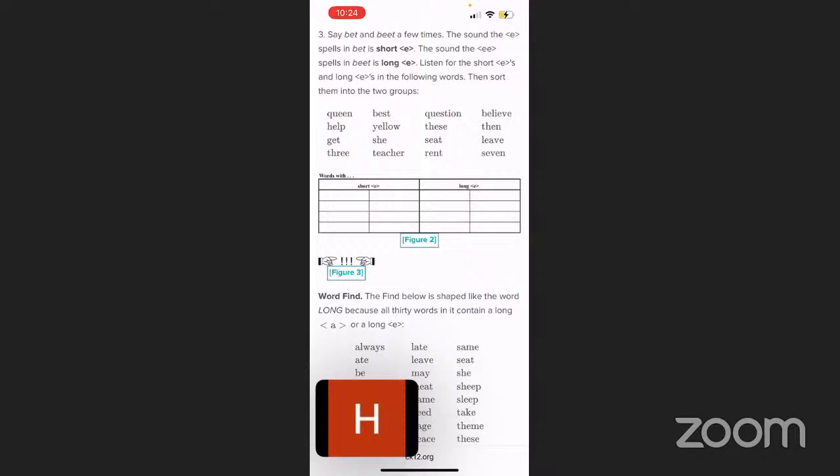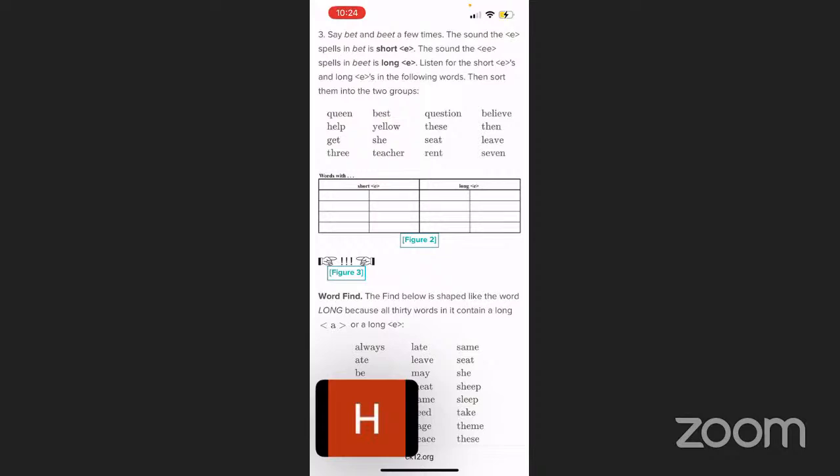Help, short. Get, short. Three, long. Best, short. Yellow, short. She, long. Okay, yes.